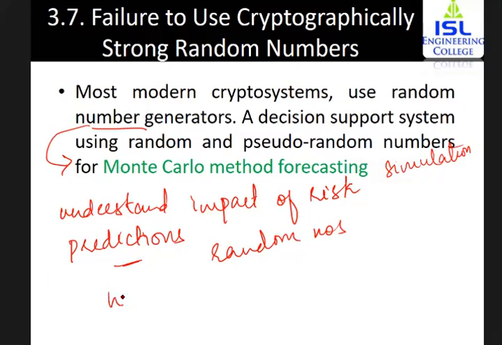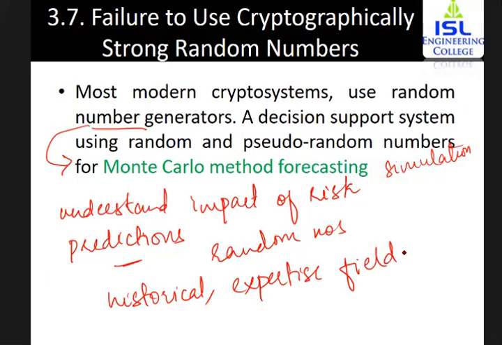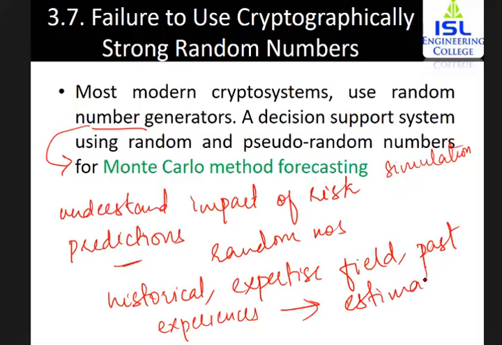But if you study the historical data, or you hire expertise in some specific field, or people have past experiences, this can help you make estimates that are going to be nearly accurate.